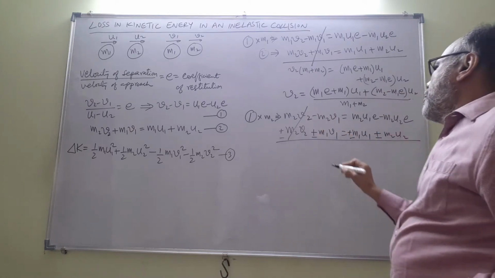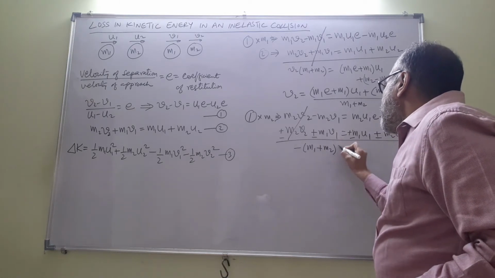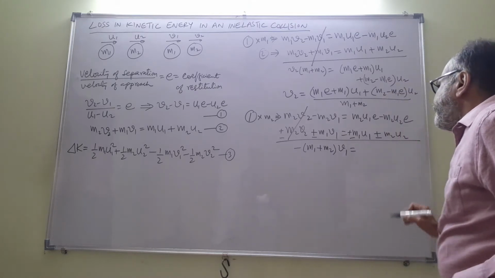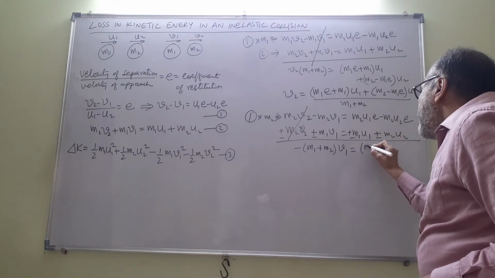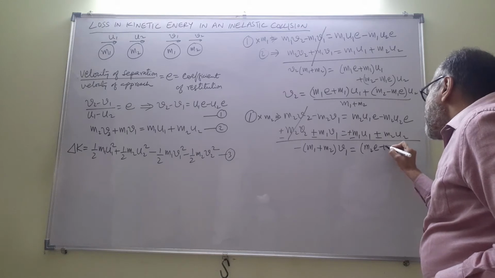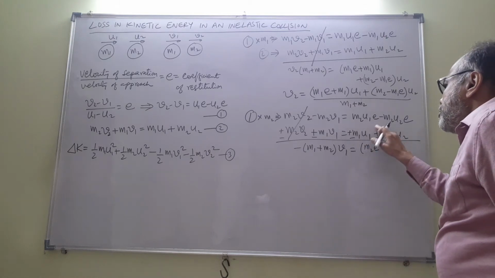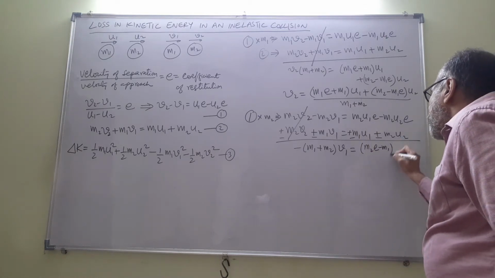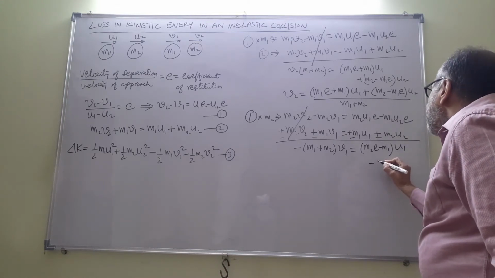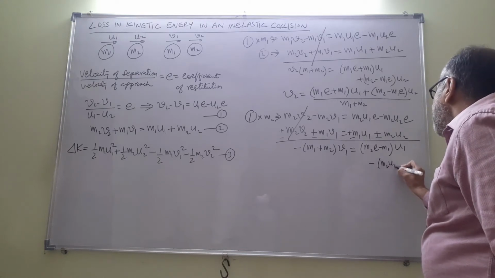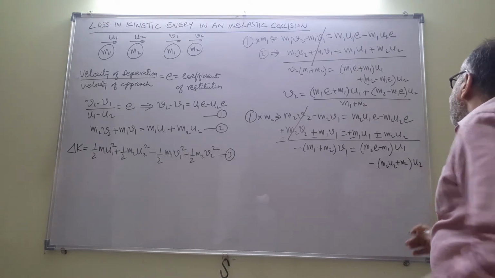So this goes, and you will have here minus M1 plus M2 into V1 is equal to, we will club the U1 terms, this will be M2 e minus M1 into U1, and the U2 terms will be minus M2 e plus M2 into U2.